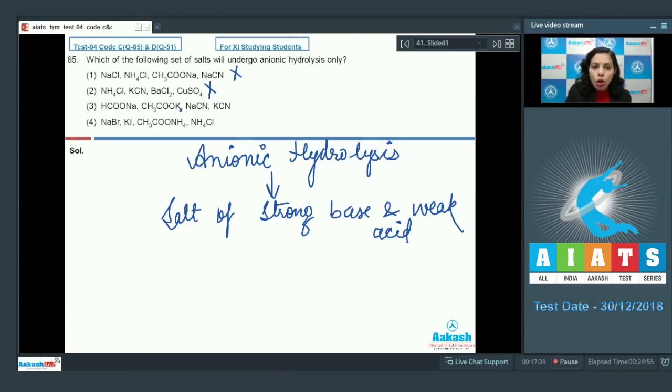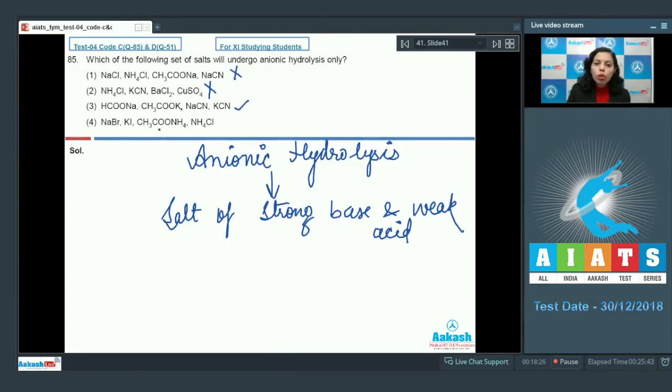This is a salt of a strong base and a weak acid, and it will undergo anionic hydrolysis. This is following the condition. Further, NaCN, the salt of a strong base and a weak acid. Again, it will undergo anionic hydrolysis. KCN, the salt of a strong base and a weak acid, will also undergo anionic hydrolysis. On that basis, this option contains all the salts which will undergo anionic hydrolysis. This can be the correct option, but let's check the next one also.